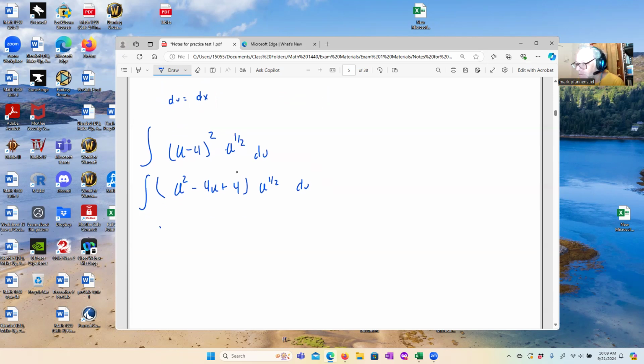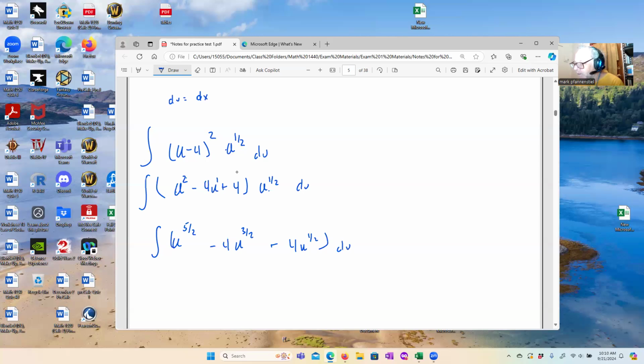We haven't done a calculus part yet. Remember, when the bases are the same, we add the exponents. So 2 plus 1/2, we have 2.5, or 5/2. Minus 4, the bases are the same, it's u to the 1 plus 1/2, we get u to the 3/2, plus 4u to the 1/2, du.